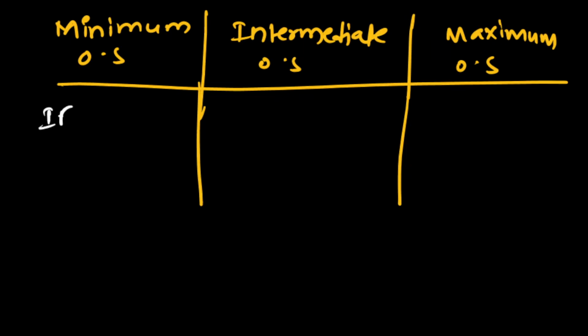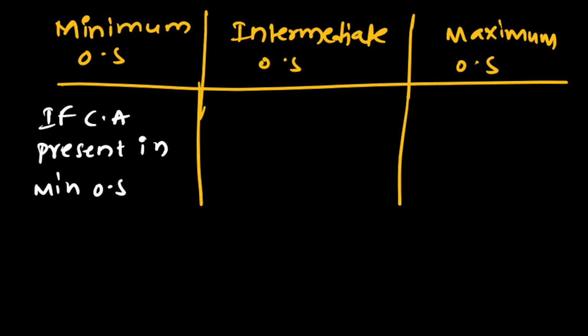If the central atom is present in the minimum oxidation state, it acts as a reducing agent. Blindly believe it. Minimum oxidation state means it can readily lose the electron, but it will never take the electron.